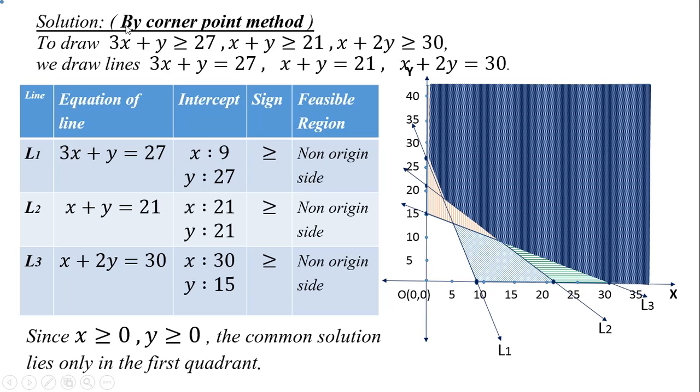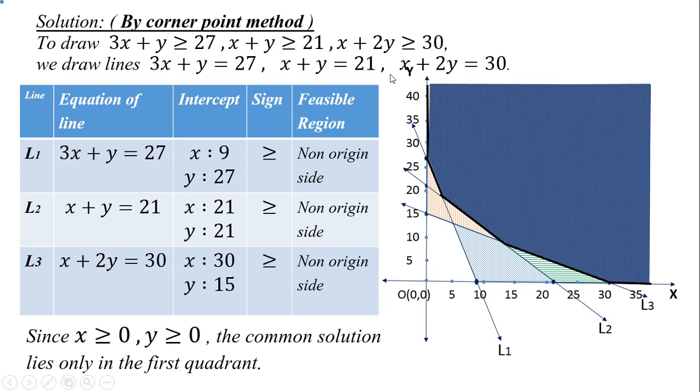Now we are solving this example by the corner point method. If you observe, this common solution set is not bounded, but we have corner points of this solution set: here 1, 2, 3, 4. If we observe this region, this part, we get 1, 2, 3, 4.